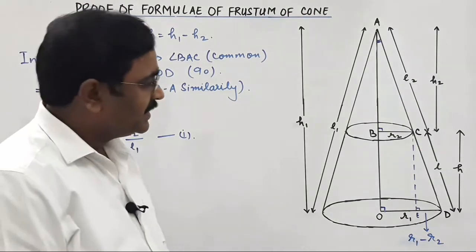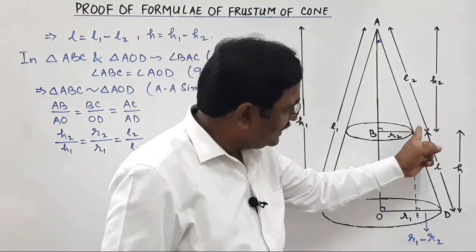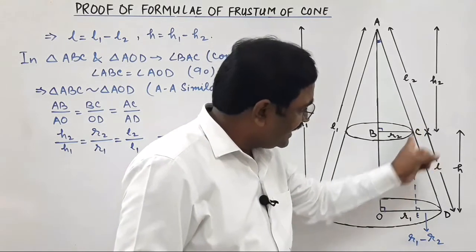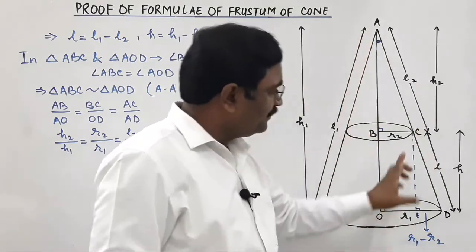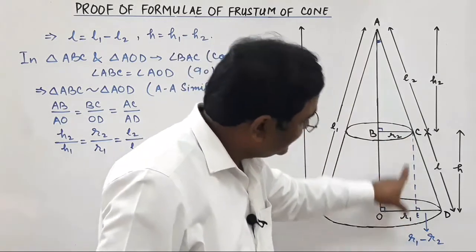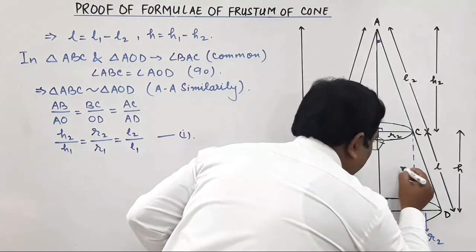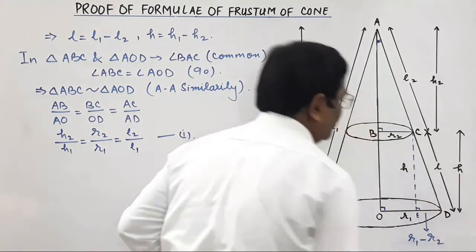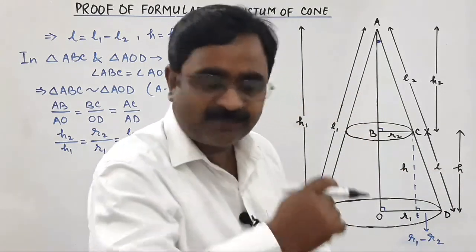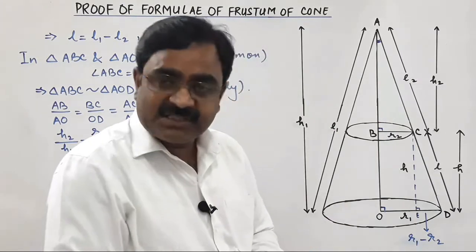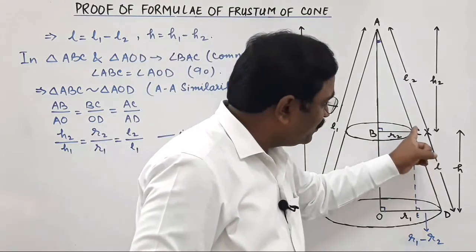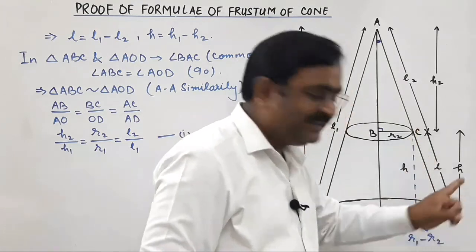Similarly, friends, if you draw a line from the point C and parallel to AO, you will get this line C, whose measure will be the height equivalent to H, because it is the height of the frustum. Now, after drawing this line, you will get one more triangle, this CED.